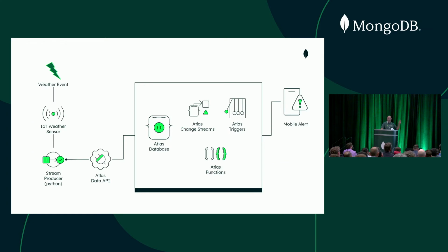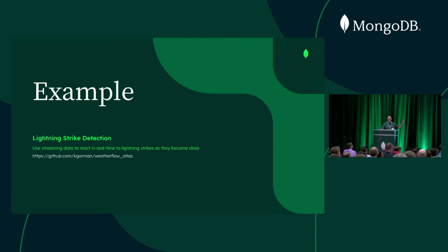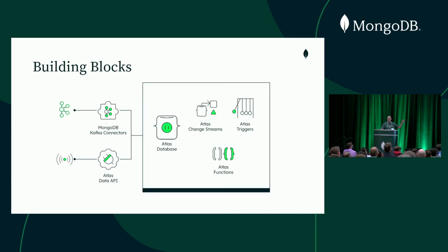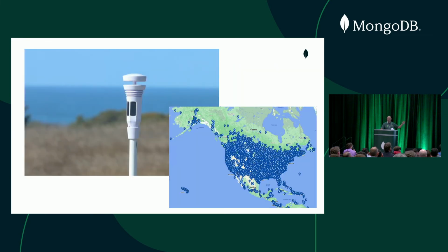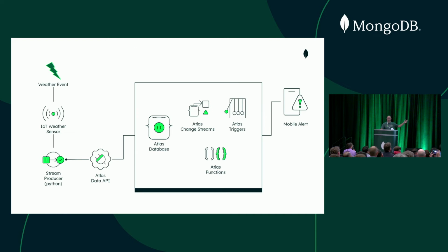All right, so this is what the architecture looks like for our little sample. It kind of looks like the stuff I showed a few slides ago. So on this slide, you'll see the building blocks and components that we have in Atlas and outside of Atlas. And then you'll see here how we've wired it all together. On the left-hand side at the top, we've got a weather event. And then that IoT sensor that I showed is going to read it.